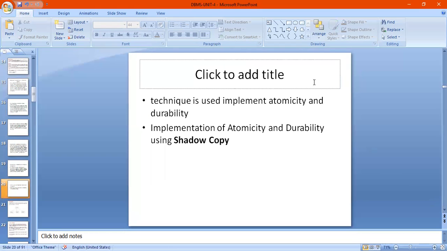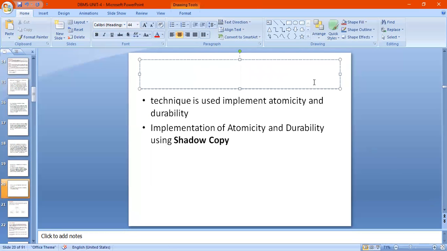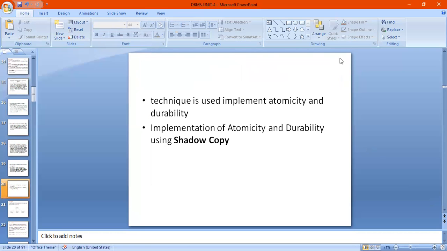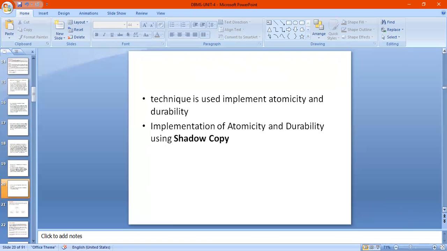Technique used for implementing atomicity and durability: implementation using shadow copies. This is one of the techniques, the latest technique used in implementing atomicity and durability.